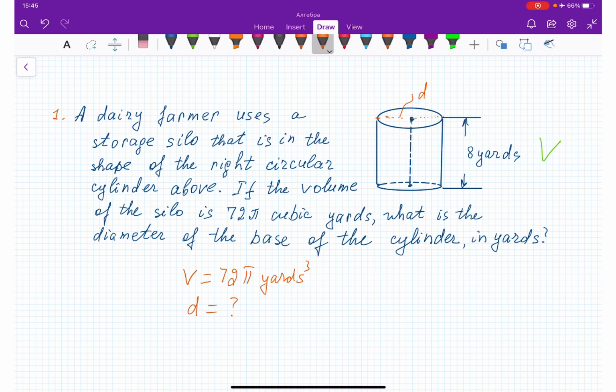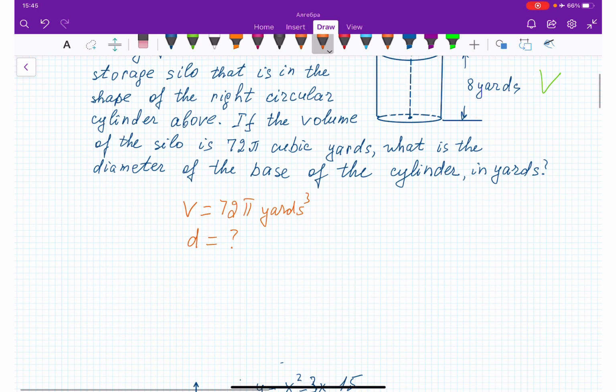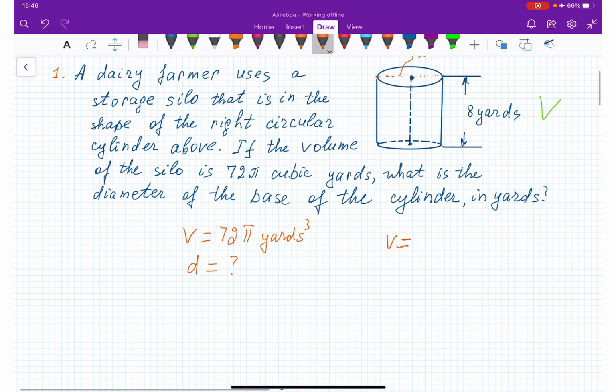D. All right, to solve it, we know that V, volume for a cylinder, is equal to the area of the bottom, which is a circle, and the area of a circle is pi r squared, right? And multiply by height. The height is 8, so I put h. So from here, volume 72 pi is equal to pi r squared multiplied by 8, right?